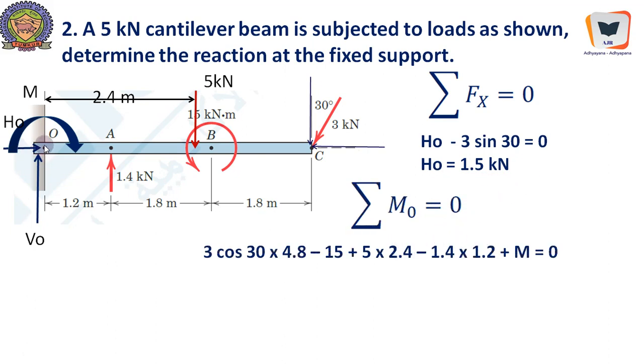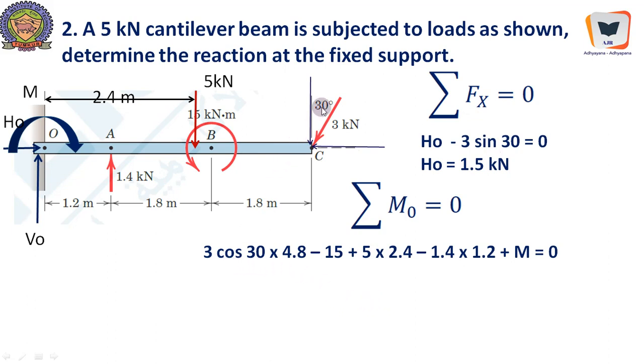We will take moment of all the forces with respect to this particular point to be equal to 0, and we should always remember that the reaction should also be included, as we included vertical and horizontal reactions when we wrote sigma Fx equal to 0 or sigma Fy equal to 0.